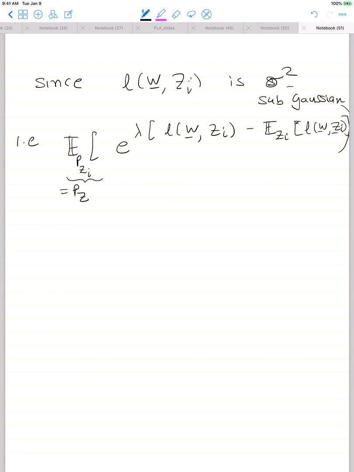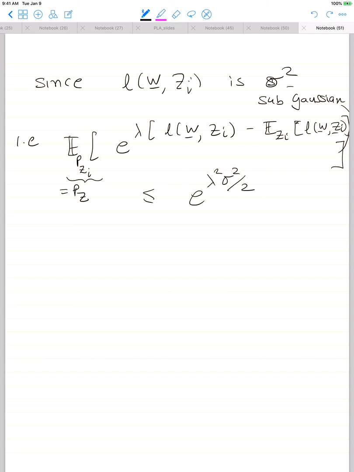If I complete the whole expectation, this is less than e to the lambda square sigma square by 2. We assumed this in the very beginning: our loss function, with W some fixed value, with respect to the distribution P of Z is sigma square sub Gaussian.